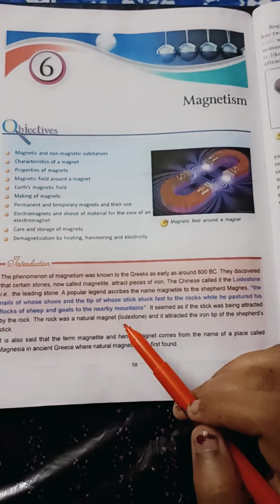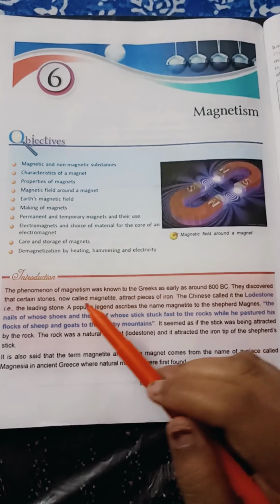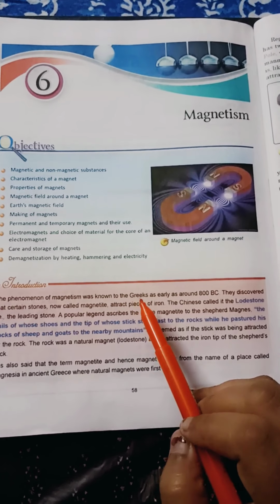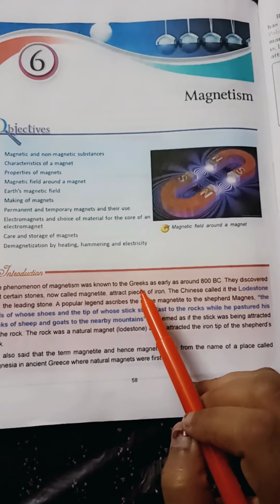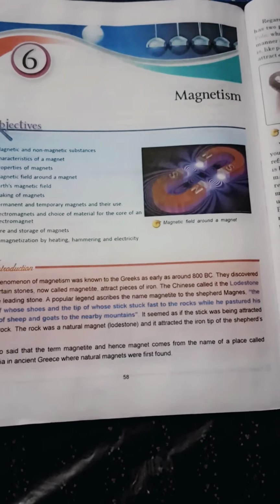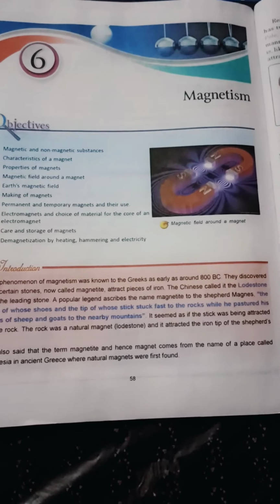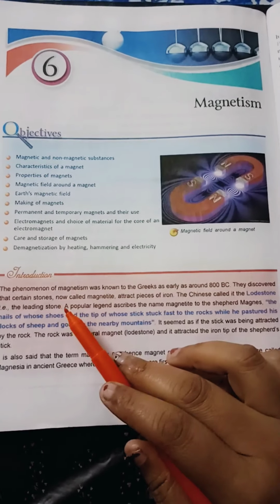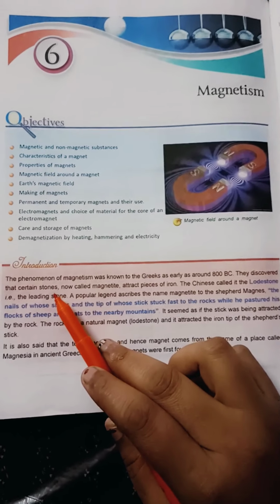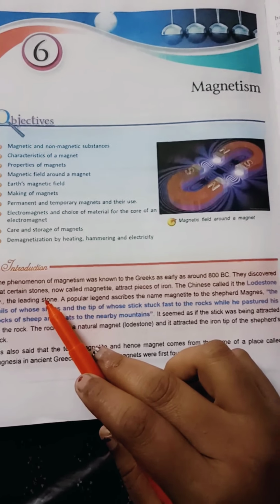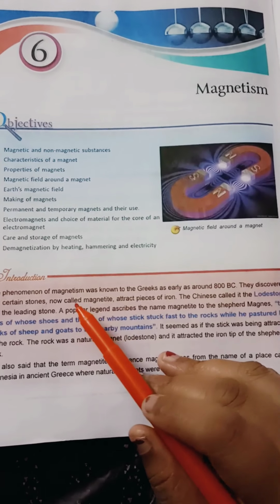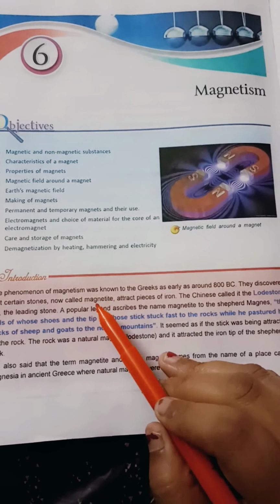So in this introduction, we have read that the phenomena of magnetism was known to the Greeks. First of all, they discovered that something gets attracted to another thing. They discovered that certain stones, or rocks I should say, were attracting steel or iron towards them, and now it is called magnetite.